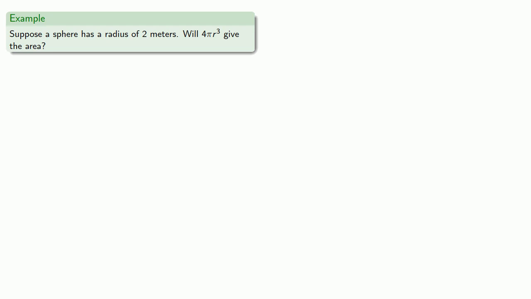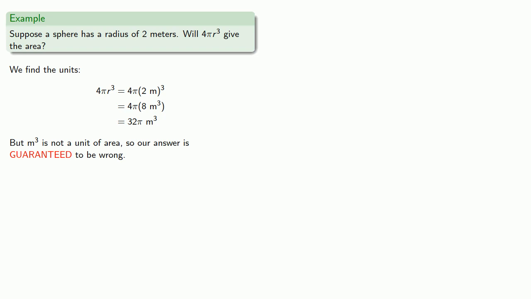Well, let's see if 4 pi r cubed gives us the area. And we can do that by finding the units. So if we compute with the units, then 4 pi r cubed becomes cubic meters, but this is not a unit of area, and so our answer is guaranteed to be wrong.